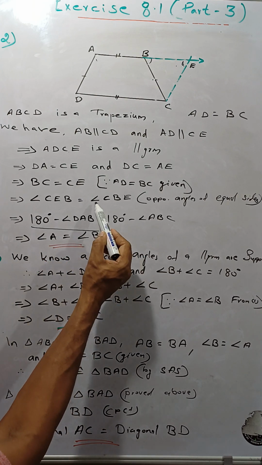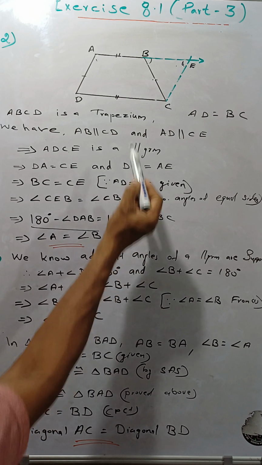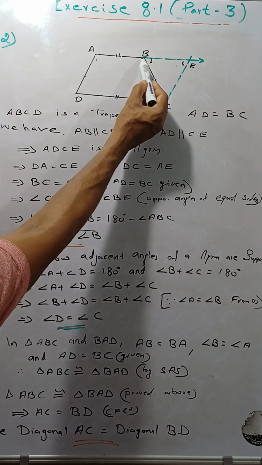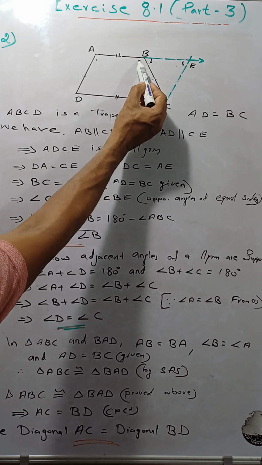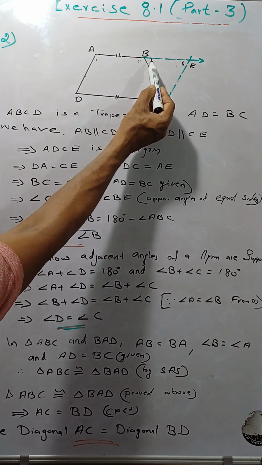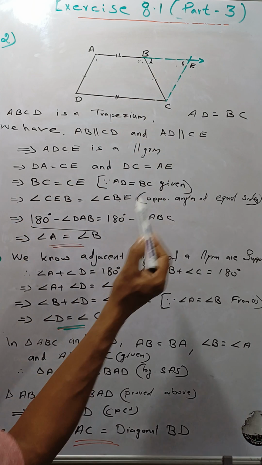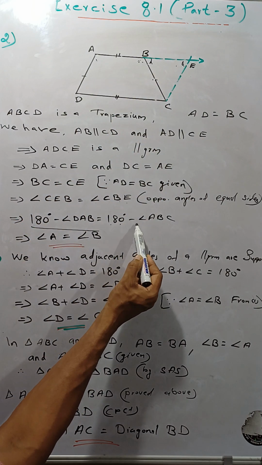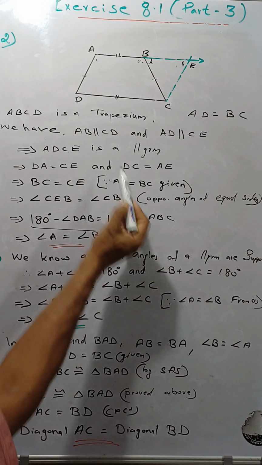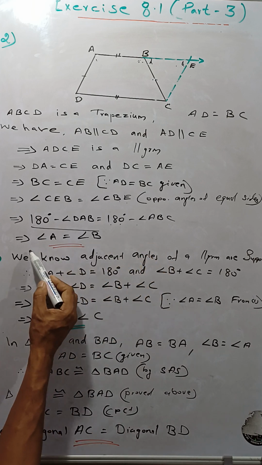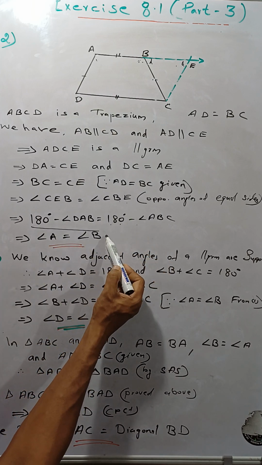Like that, angle CBE. This angle we can write as, we know that this and this are a linear pair. This plus this is 180. Therefore, this we can write as 180 minus angle ABC. Now the equals are cancelled.